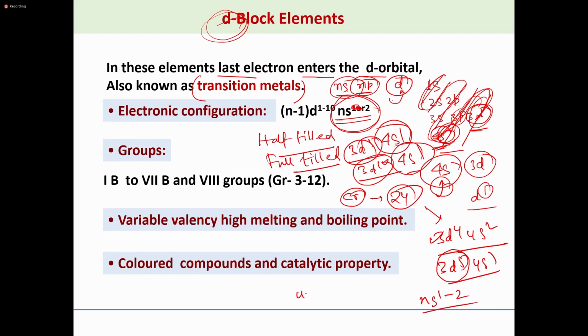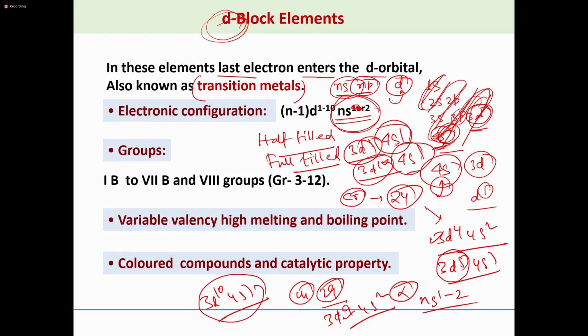And if you see the copper case also, it has the electronic configuration 3d9, so we would write 3d9 4s2. But that is not the case, because there is another possibility, 3d10 4s1, which is more stable than that one.